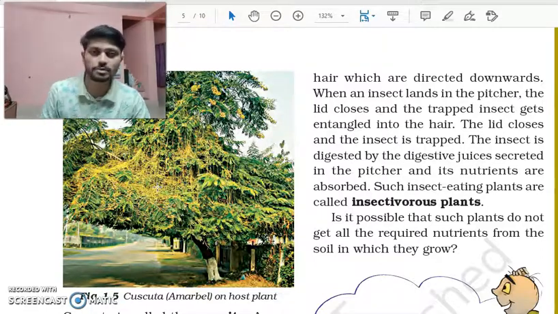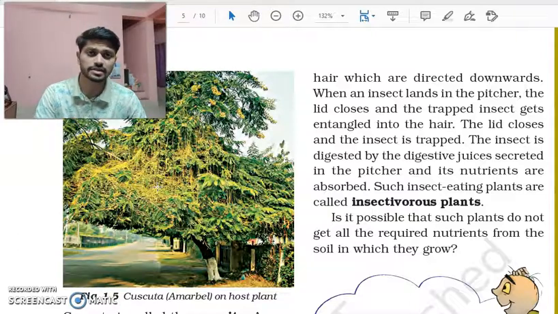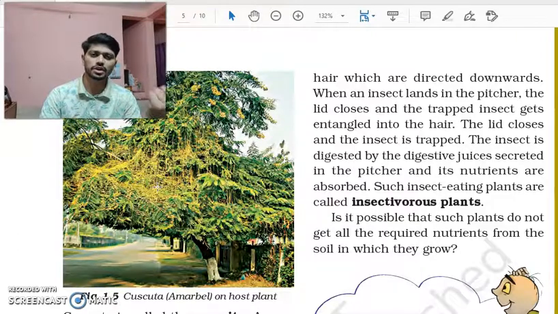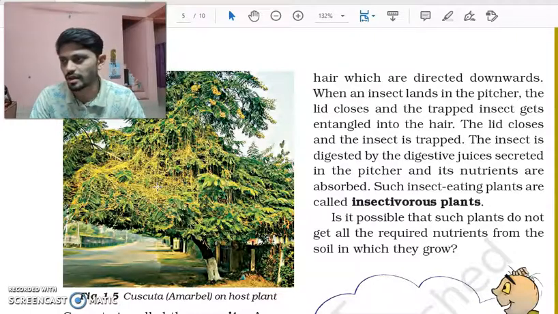These plants are called parasites because they rely on the nutrition from the host plant, and sometimes it happens that they consume all the nutrition from this host plant, and the host plant itself dies because of this.